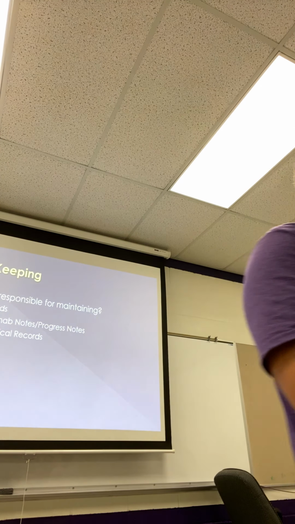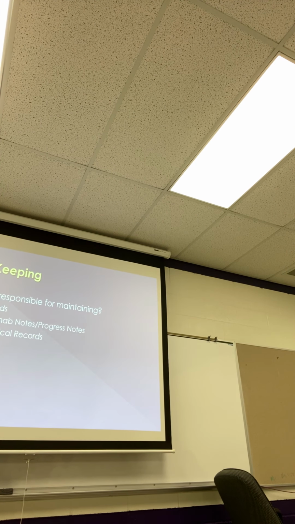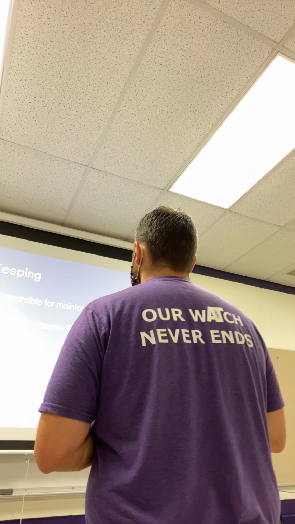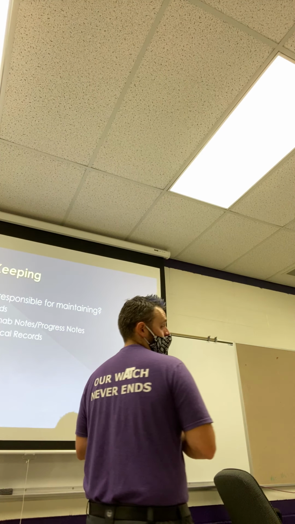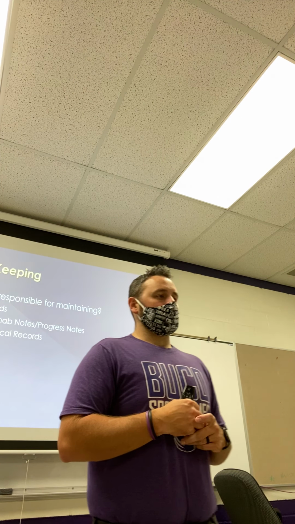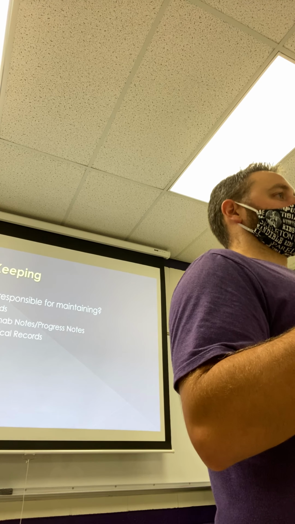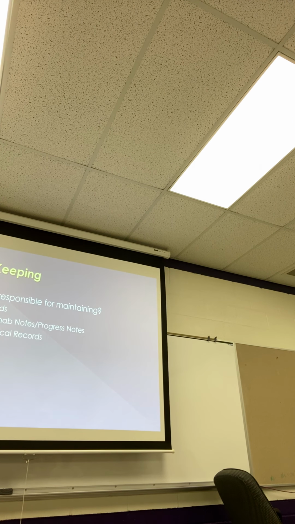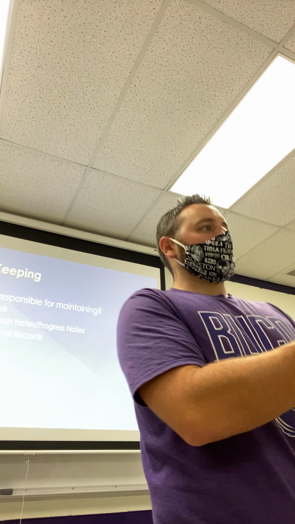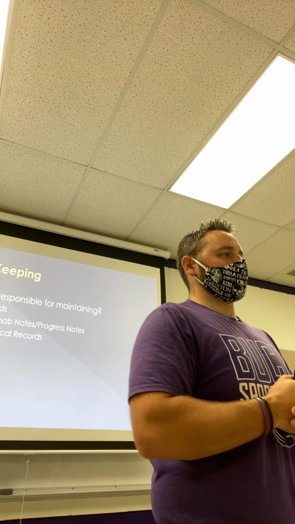Medical records. We're responsible for keeping our medical records. Do you guys remember in the reading how long we have to keep them? Seven years. It's called the statute of limitations. Once that expires, we can get rid of it, because that's how long we need to keep those records.